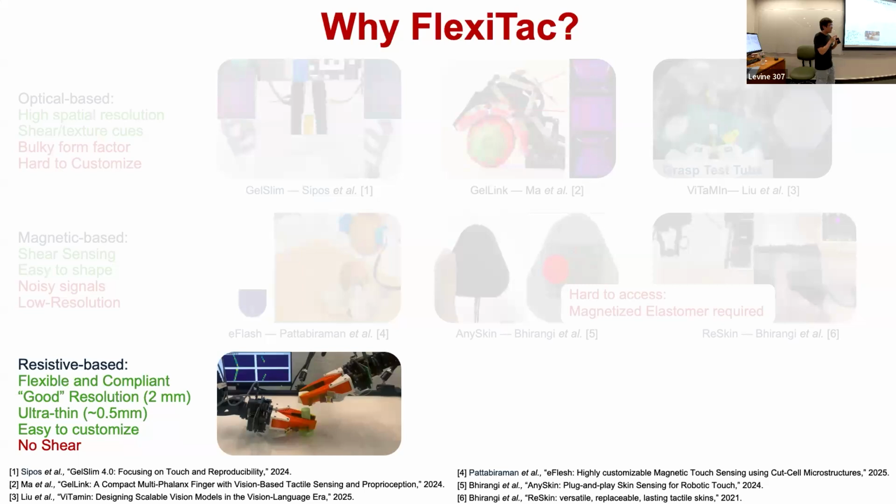So for the human fingertip, the human cannot distinguish a distance below 2 millimeters. So that's why I think 2 millimeters is a good resolution for the robot and effective. And also, it's very thin, and it's also very easy to customize.